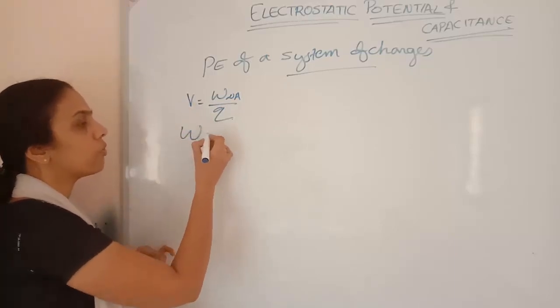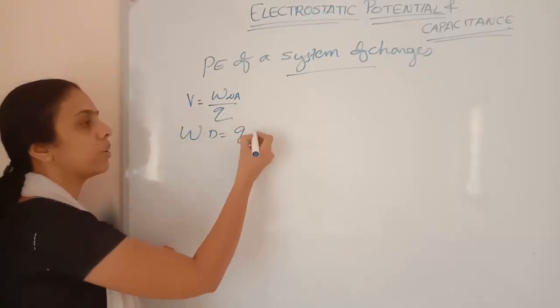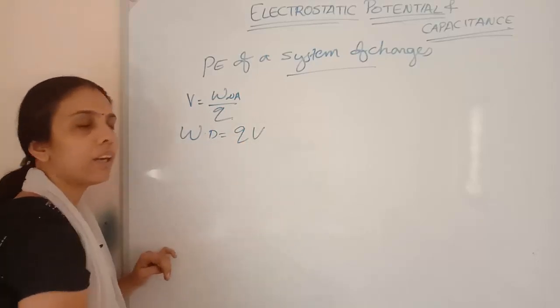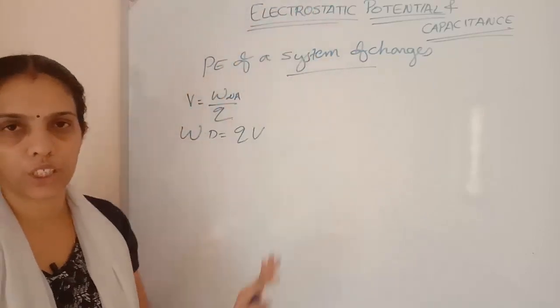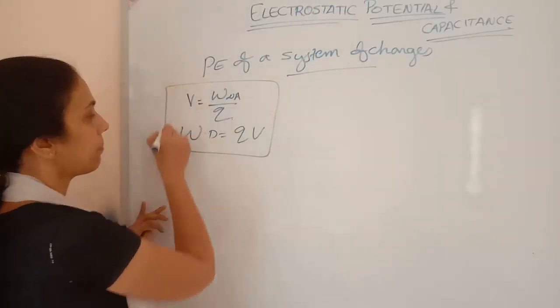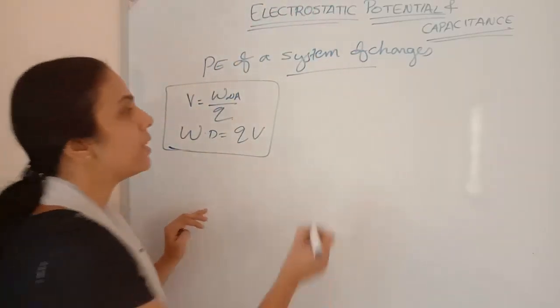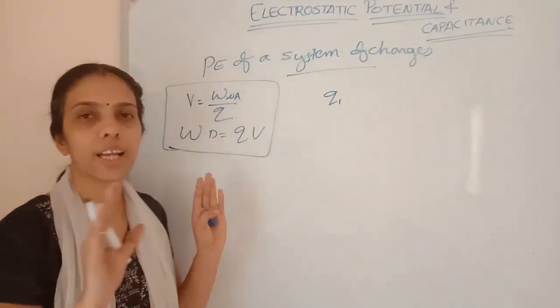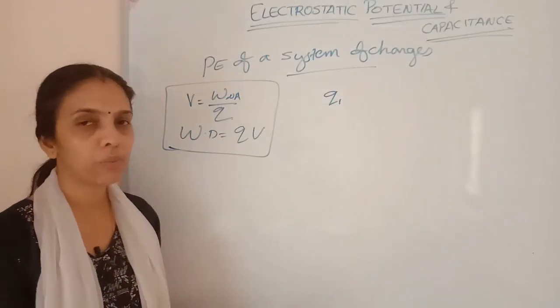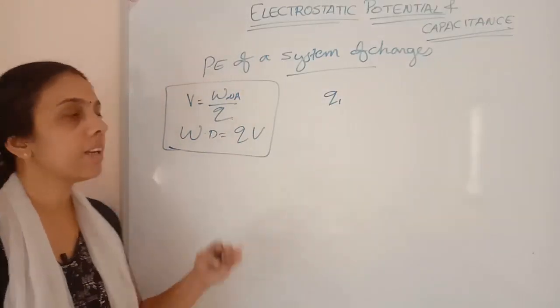So if we want to find out the work done, how can we find it? Q into V. Here I am considering the potential energy of a system of charges. Keep this in mind. First I am bringing a charge Q1 where there is no charge at all, so no extra work is necessary.